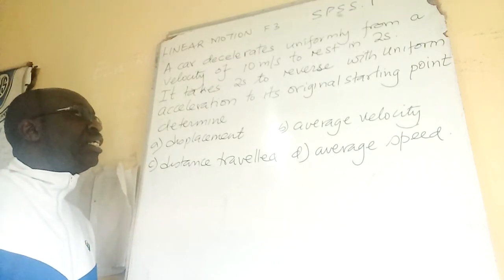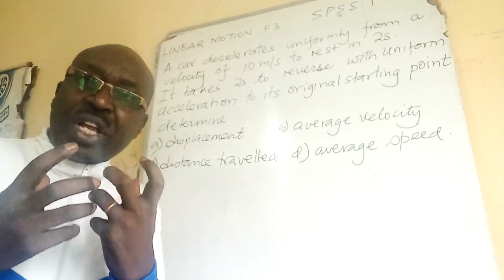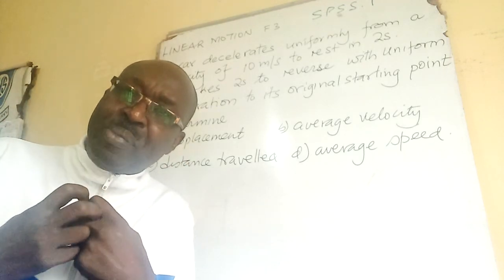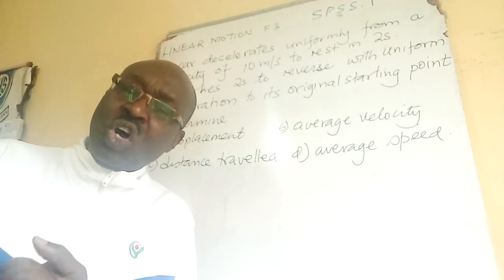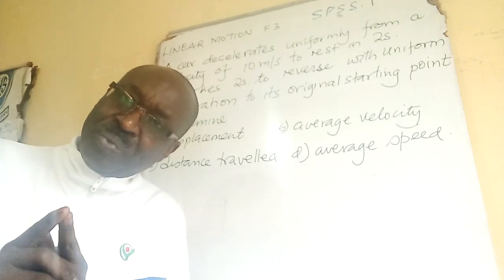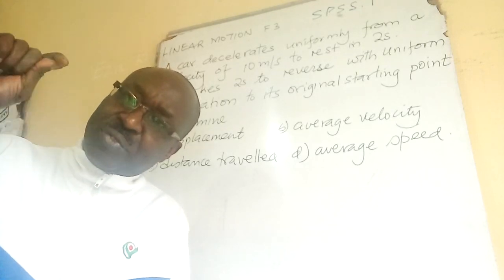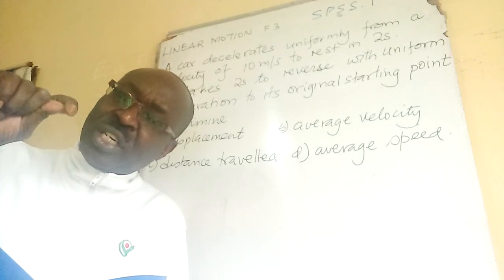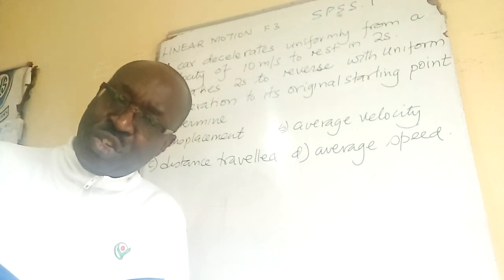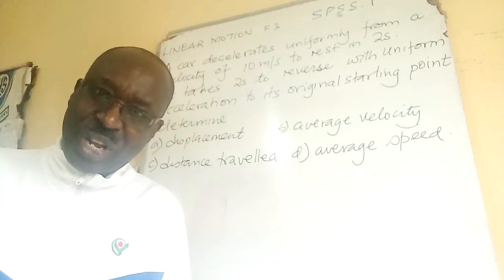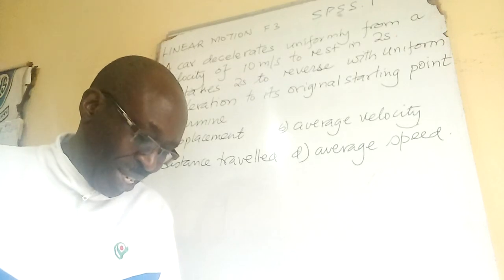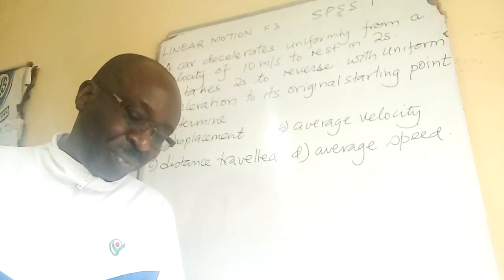Determine displacement. Here we are testing your ability to know that displacement is a straight line from the starting point to the final point. So in our case, what can we say?